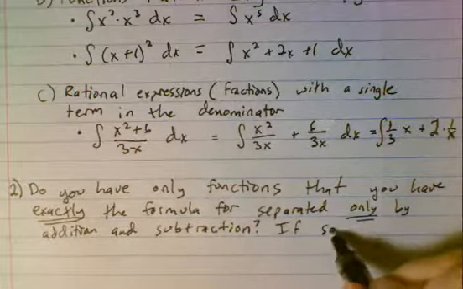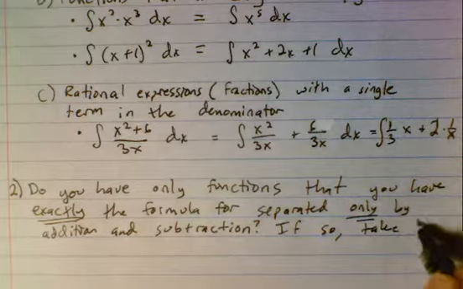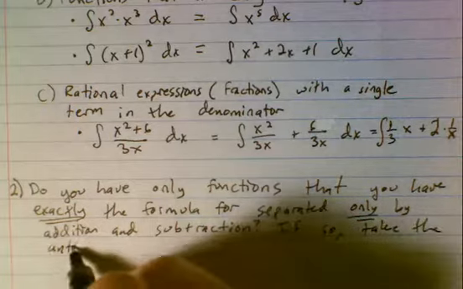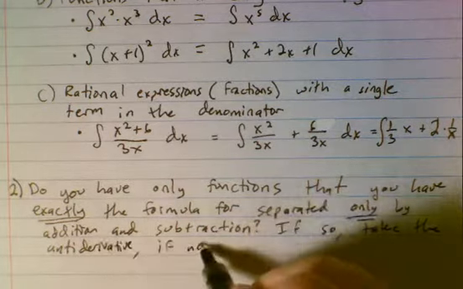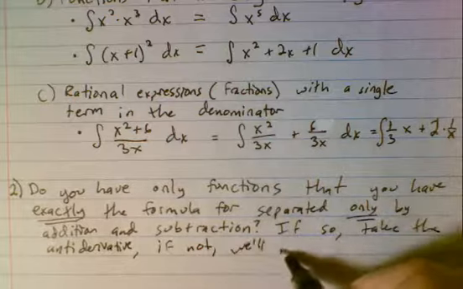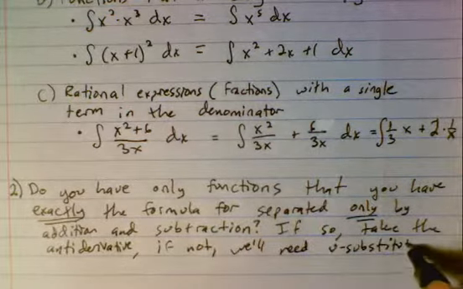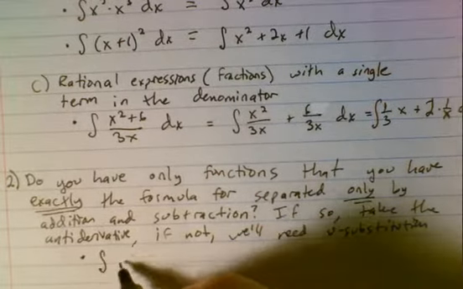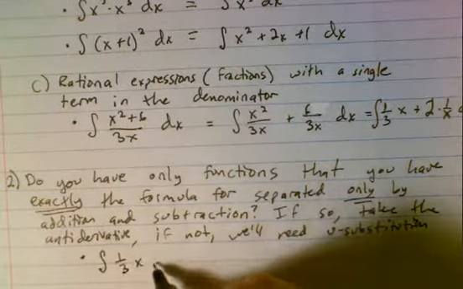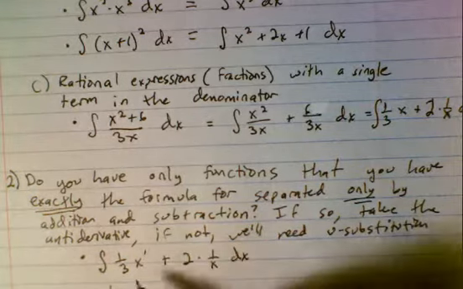If we have that, we can take the derivative, or excuse me, the antiderivative. If not, we'll need U substitution. So for example, if we had this one up here where we had the antiderivative of 1/3 x plus 2 times 1 over x dx, the 1/3 is along for the ride. This is x to the first.